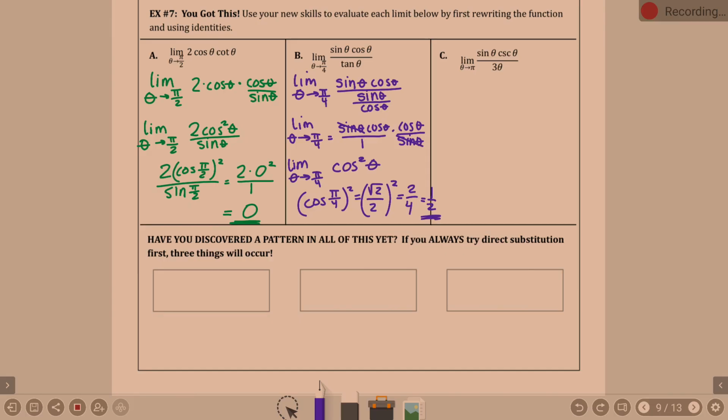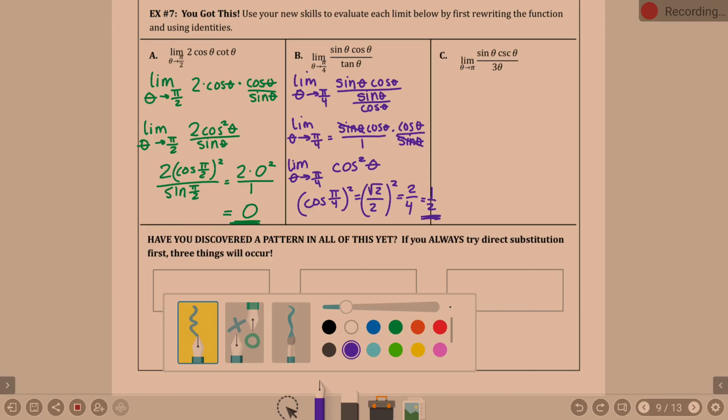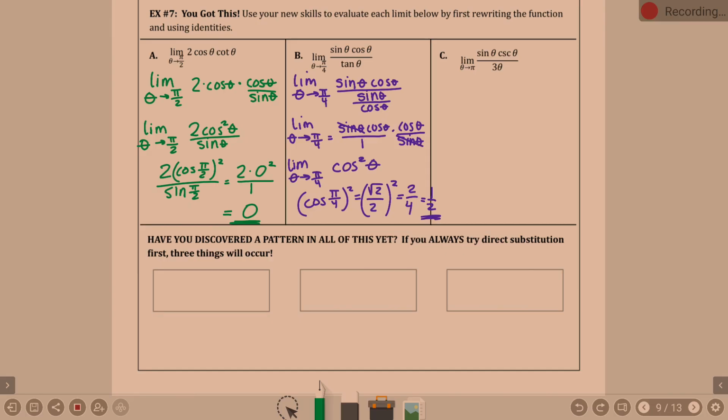Okay, see? We haven't even dug out the purple paper and we're making progress. Sine times cosecant over 3 theta. What do you know? Oh, the sine and cosecant will cancel out because cosecant is just 1 over sine. Yeah. So if I just rewrite cosecant as 1 over sine theta, well, what's sine theta times 1 over sine theta?